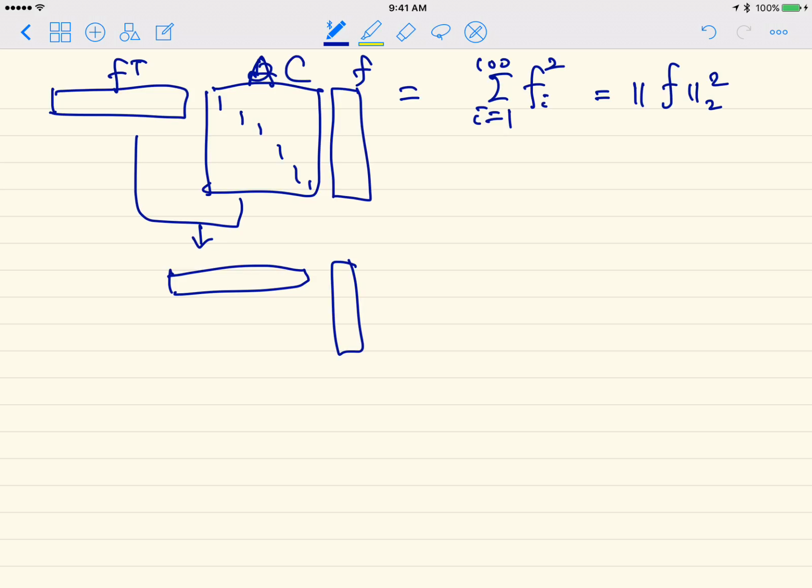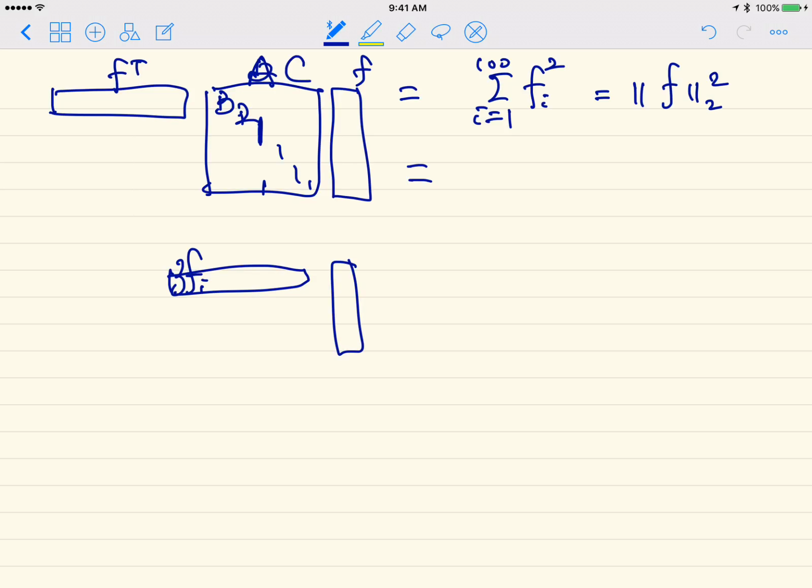Now let's change this matrix C into a slightly more complicated form, maybe 3, 2, 1, and so on. How will that change the resulting representation?